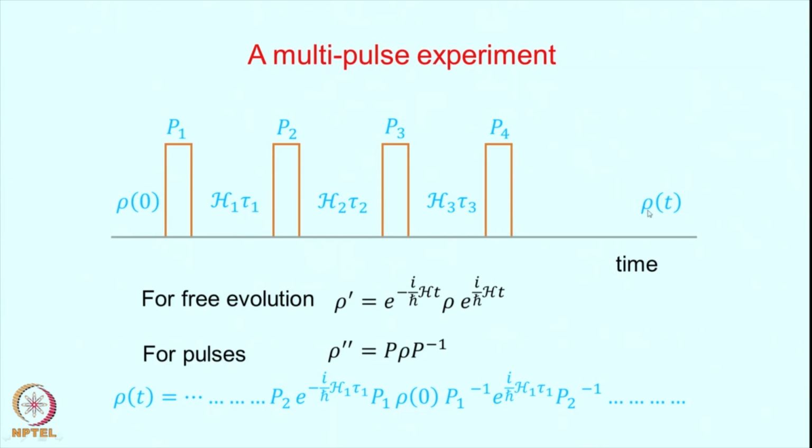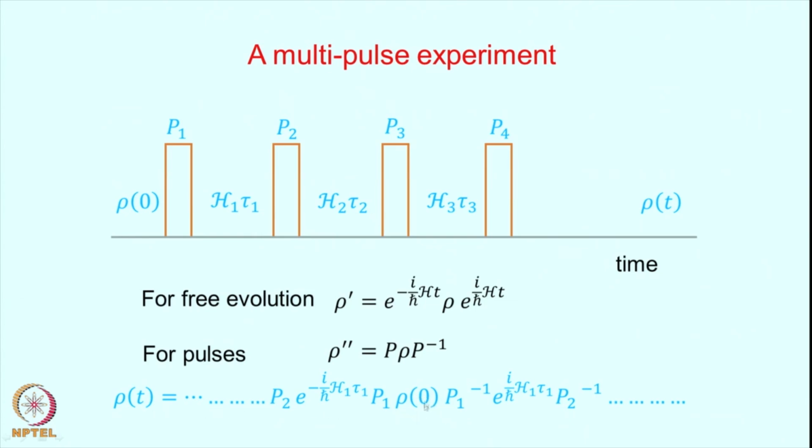The data you collect will carry all the information about what has happened in these previous times, and therefore we have to calculate this. So, we must know how to calculate the evolution of the spin system under the influence of all of this, and we have already shown that such a generalized pulse sequence can be represented by a time evolution of the density operator in this manner.